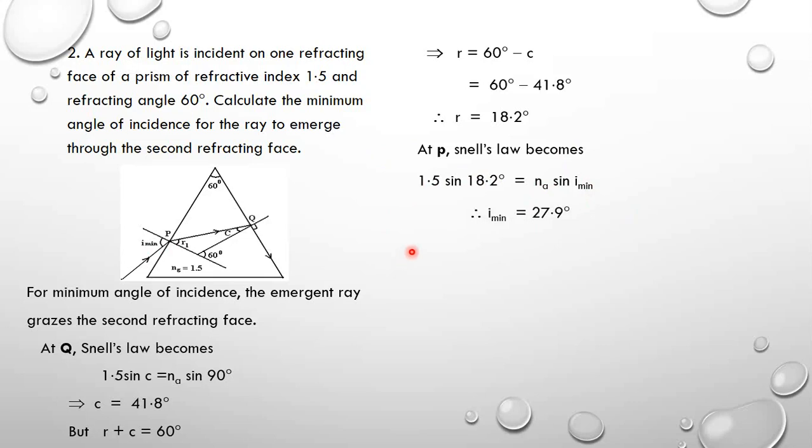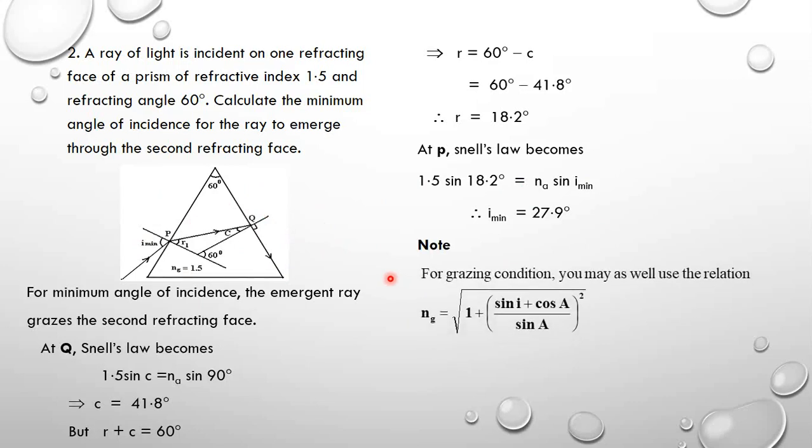But remember, we can also use the formula we derived for when this is grazing, and we had N-G being the square root of 1 plus (sine of I plus cos of A divided by sine of A) squared. So if we substitute, with 1.5 here, then this is going to be sine of I min, and then cos of 60, and then divided by sine of 60.